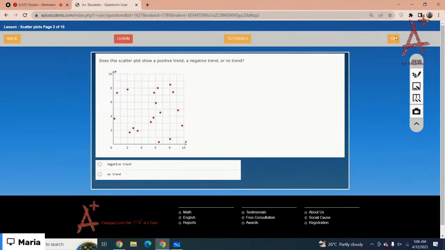Does the scatter plot show a positive trend, a negative trend, or no trend? No trend. See, when x is 0, here you have 4. When x is 10, here you have 0. And all the points are scattered on the graph, so it would be no trend. Got it?